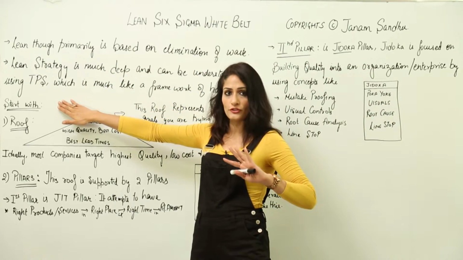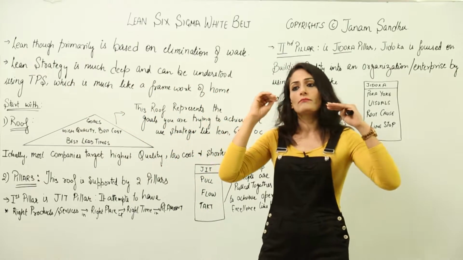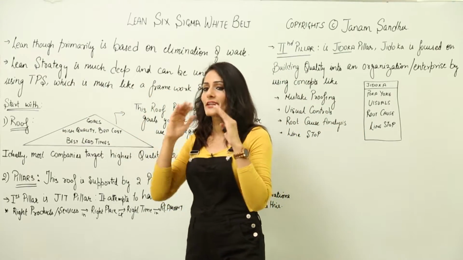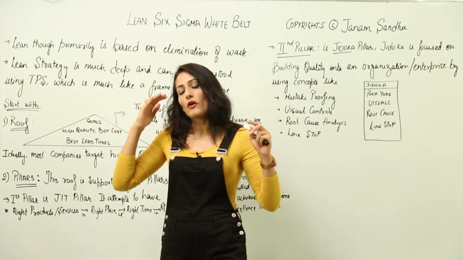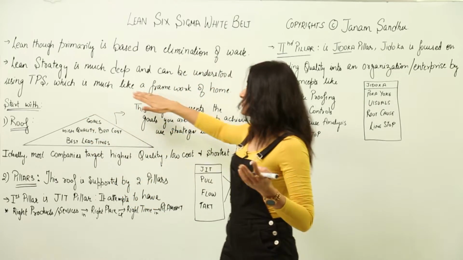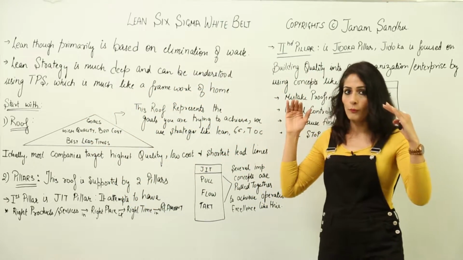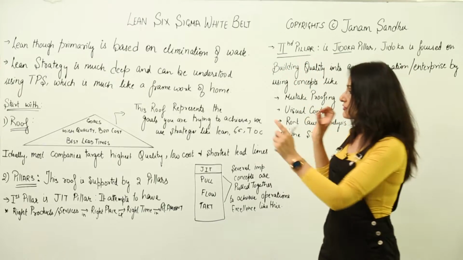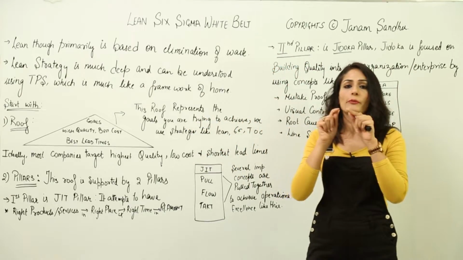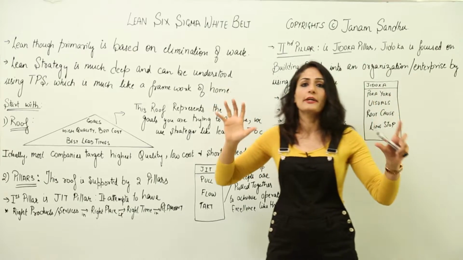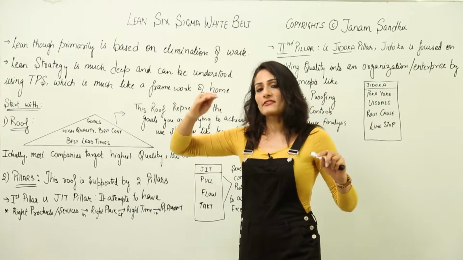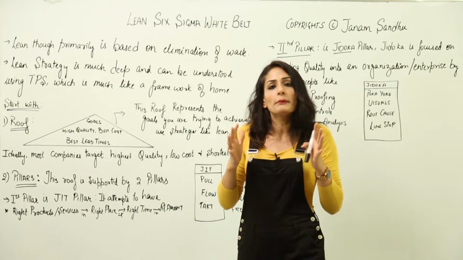If you look at the TPS, it's like a house, also called the house of quality, much like a framework of a home, fine. I have divided the complete Toyota Production System into parts for easy understanding. We will be discussing each part, then we will put the complete thing together.